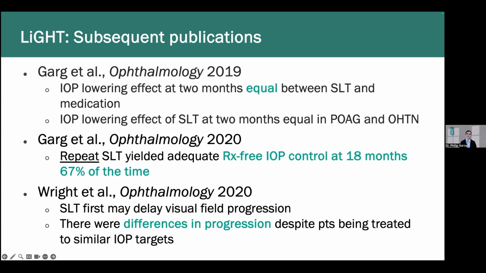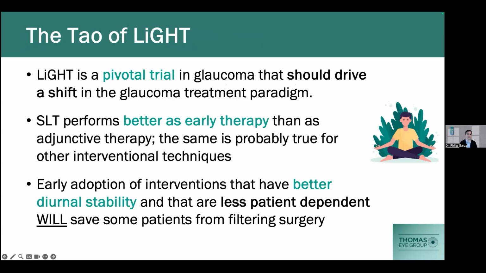In fact, the 6-year results of the LIGHT trial were presented in October 2024 at AAO, and they confirmed meaningfully less progression in the SLT group. So even after 2020, this data keeps showing us over and over, no matter how long we follow these patients, that there is less visual field progression in those originally treated with SLT.